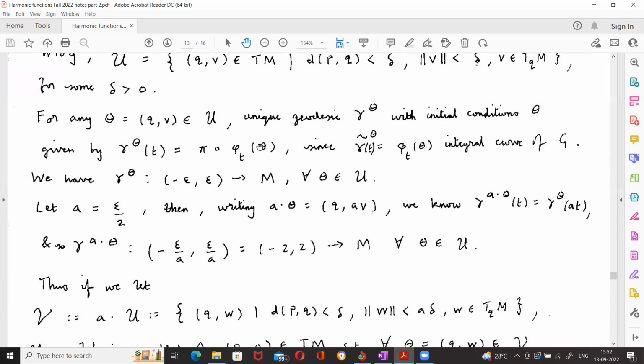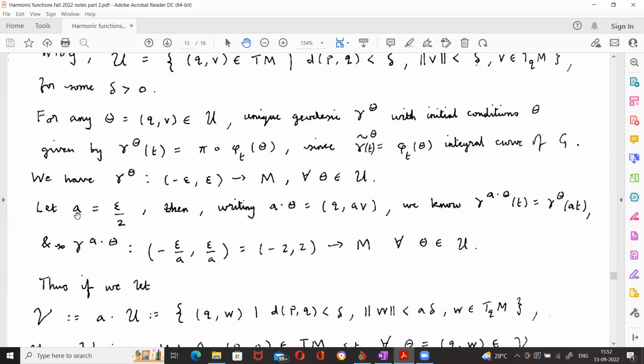We know that when we take an integral curve of the geodesic vector field in the tangent bundle and project it to the manifold, we get a geodesic in the manifold. So gamma theta of t is pi composed with phi t of theta. Now gamma theta is defined, therefore, on the interval minus epsilon to epsilon for all theta in this neighborhood U of theta naught.